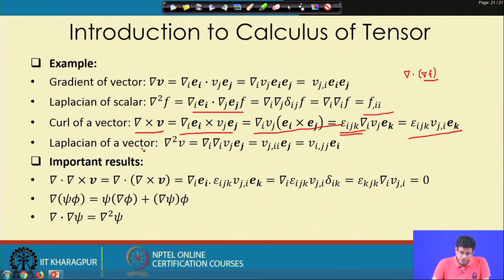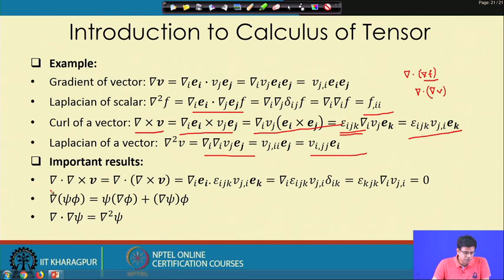Then Laplacian of a vector field: Laplacian I can write in this form, del dot del of u or v, whatever it is. If I write it in this form, then the Laplacian of a vector field will be a vector. These things we know already from our knowledge of vector algebra and vector calculus.